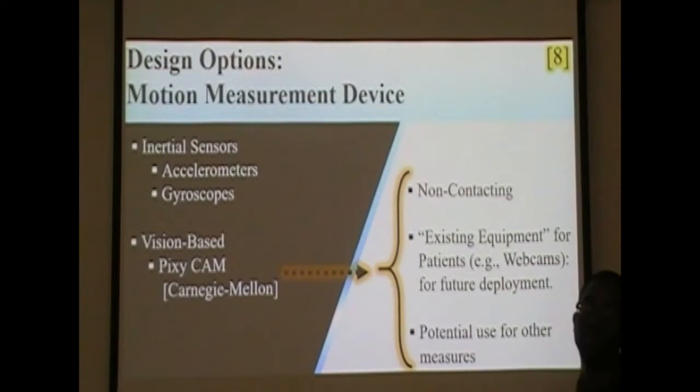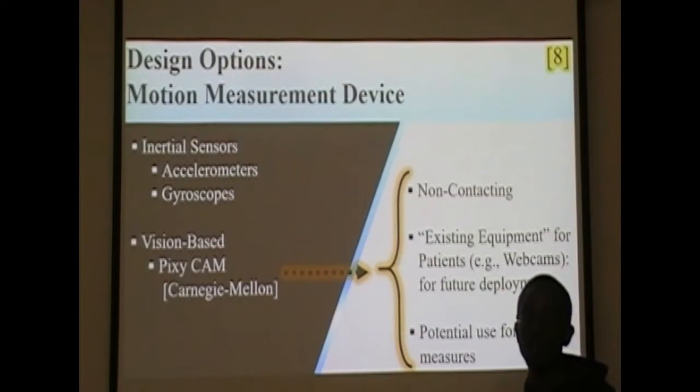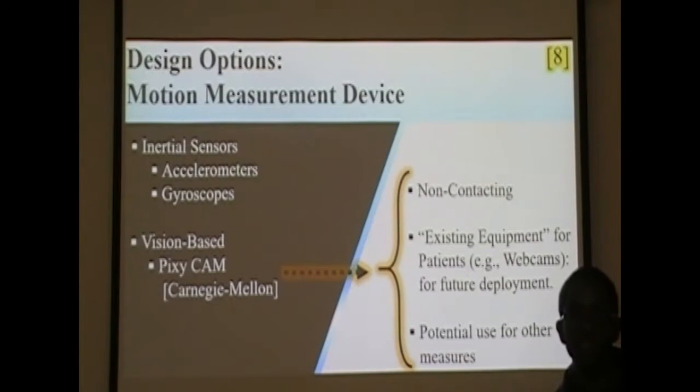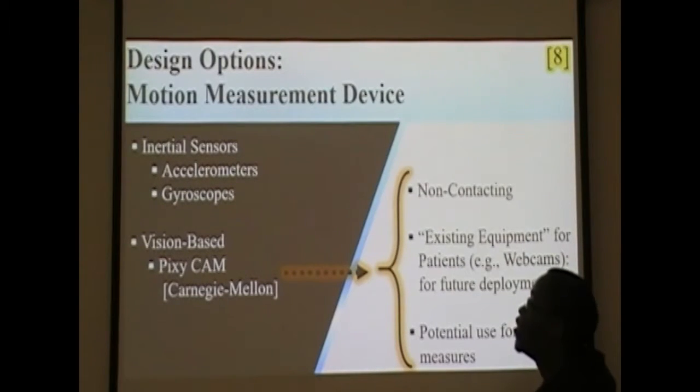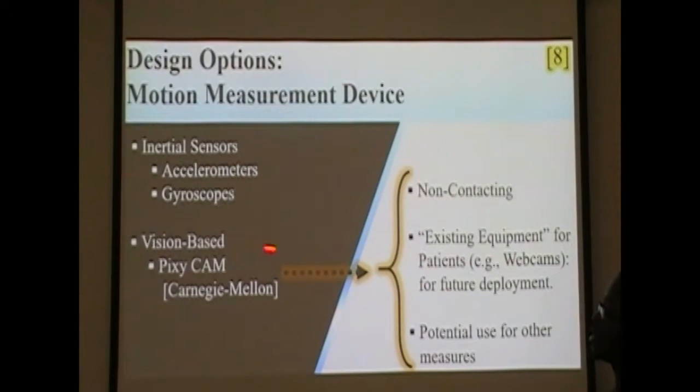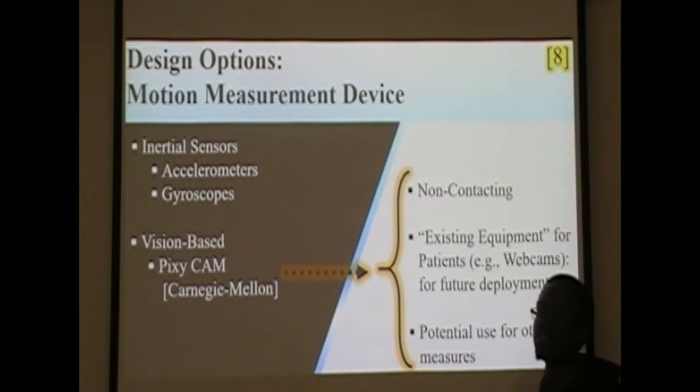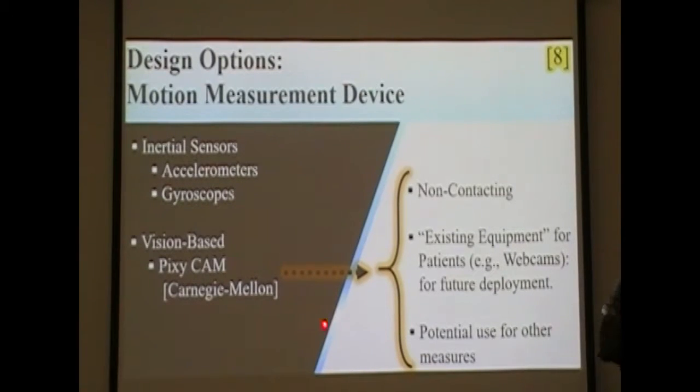One big design option that we had to account for was what measurement device we were going to use to measure these tremors. Normally tremors are measured using accelerometers, gyroscopes, or a combination of both. But we want to take the approach of using a vision-based sensor, mainly the Pixicam, which we'll get into later.